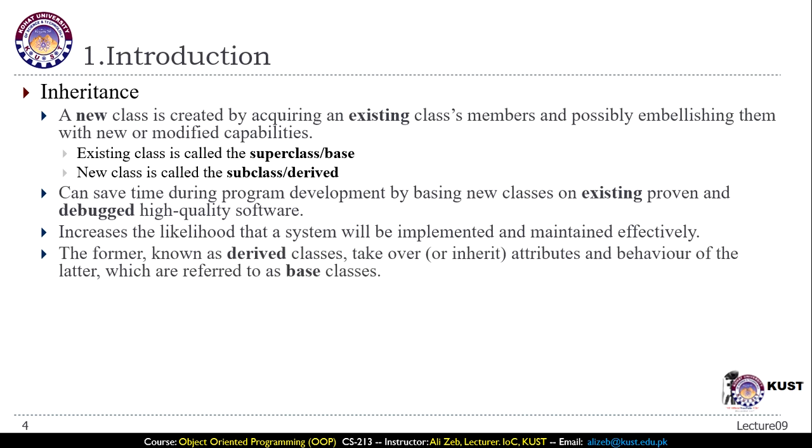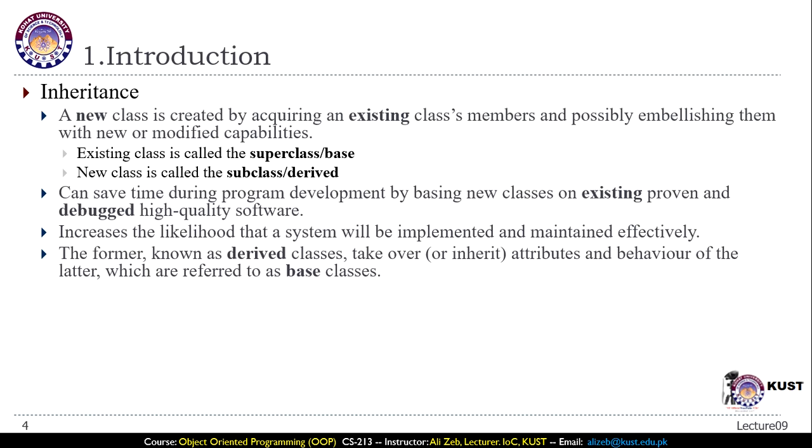What happens is that once a class is inherited, the derived class or the subclass, in this case, takes over or inherits the attributes and behavior of the latter, that is the superclass. The attributes, we understand, are depicted by the instance variables of the class, and the behavior is depicted by the methods inside that class. In Java, the functions are called methods.